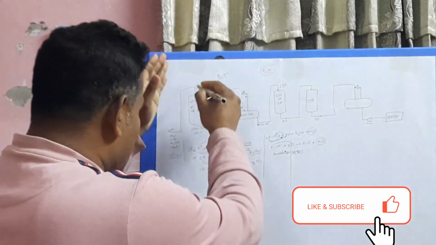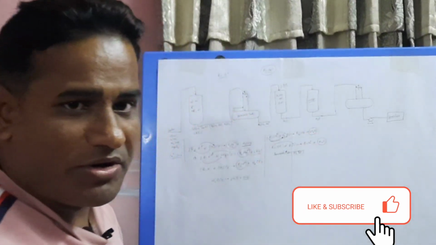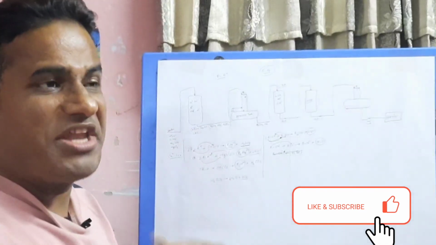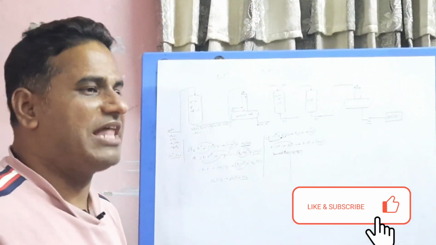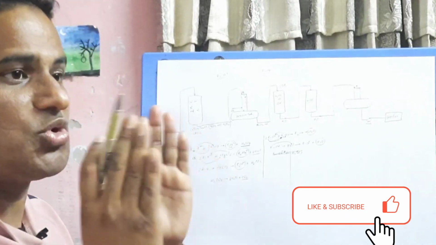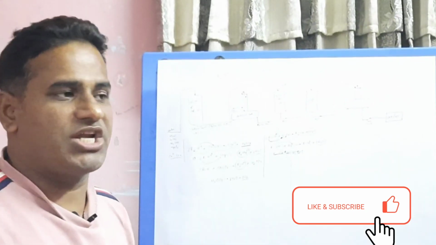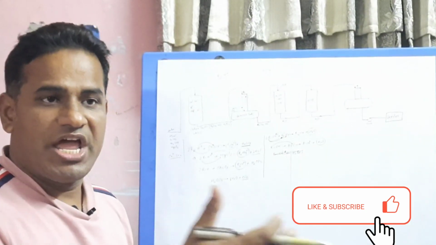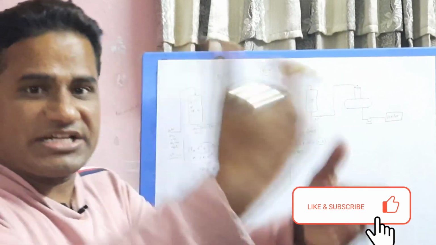That's why, after cation absorption in the cation tower and anion absorption in the anion tower, when the resin deactivates, at that time we have to do regeneration. What is the meaning of regeneration? Re means again, generation means activation.